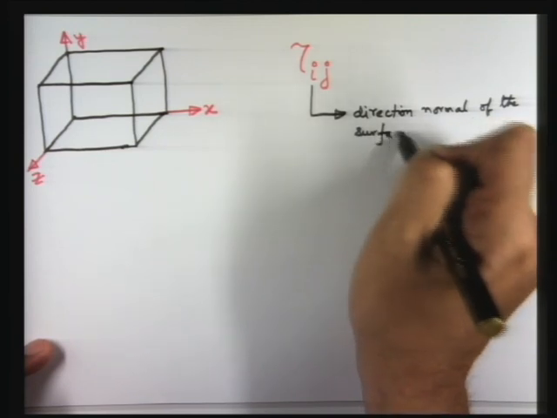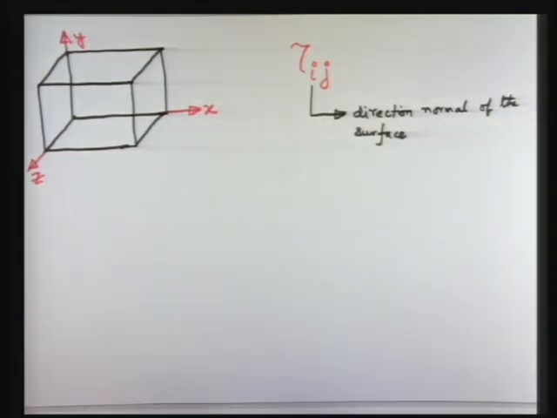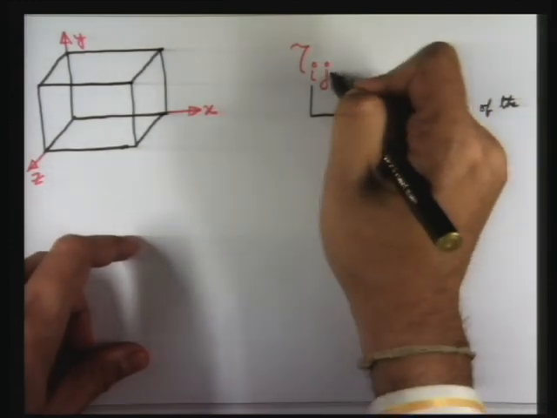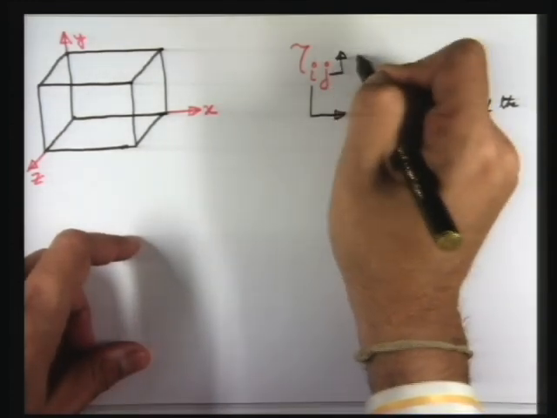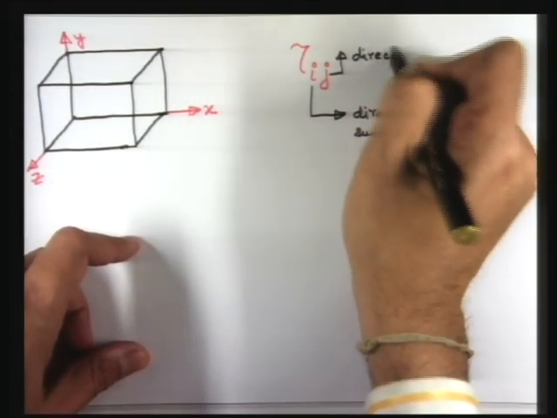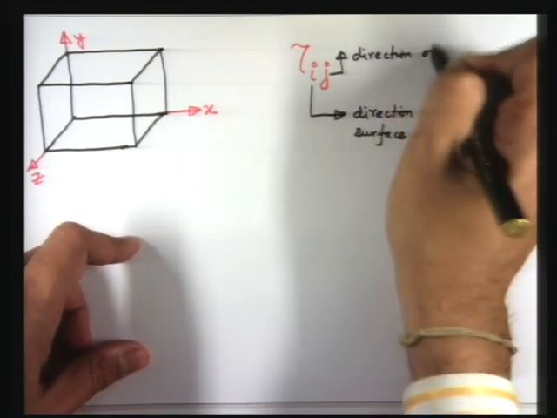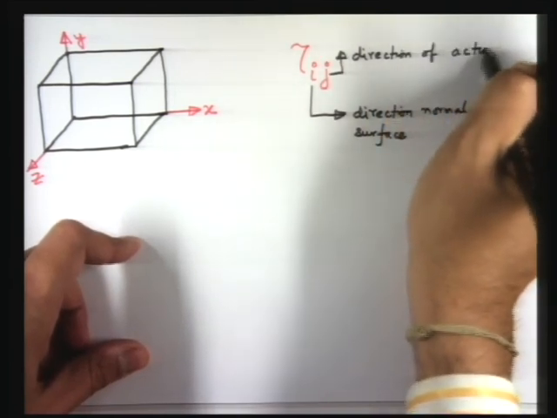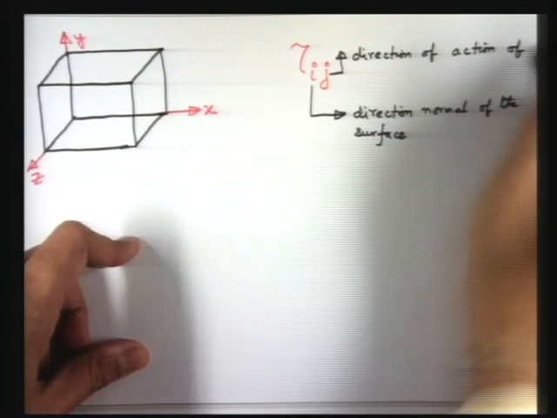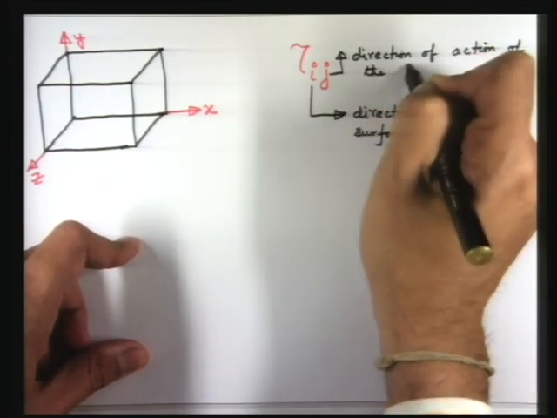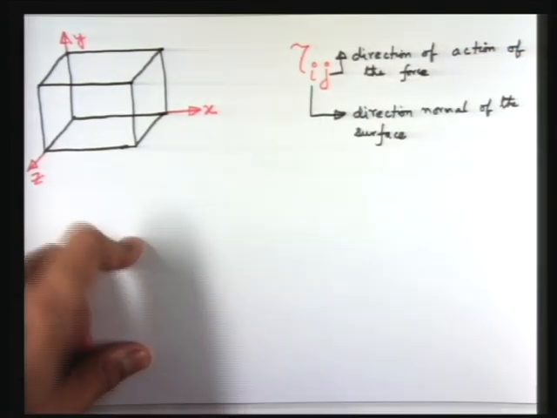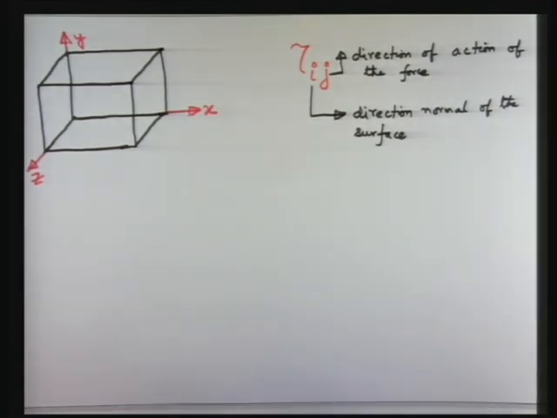I will give you an example which will help you to understand what I mean, but let me complete the notation first. And j is the direction of action of the force. Remember this tau ij, this is like force per unit area.